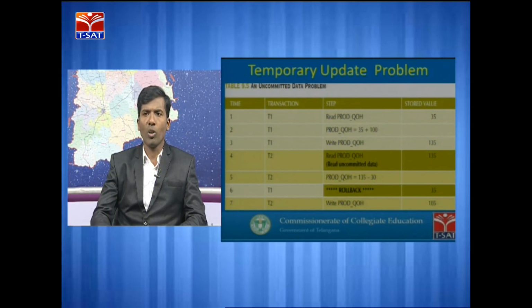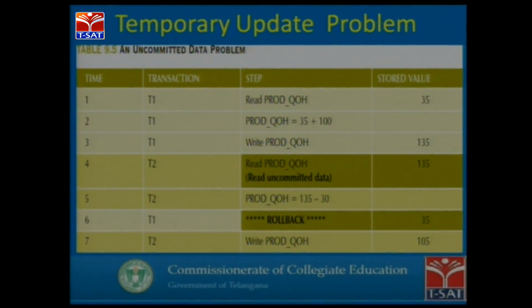In the read operation, initially I read a value as 35, then I perform some operation by adding 100 to the existing 35, and I change that value to 135. This comes under an uncommitted operation. Then I perform one more operation, subtraction. I subtract 30 from 135, and there I get 105.